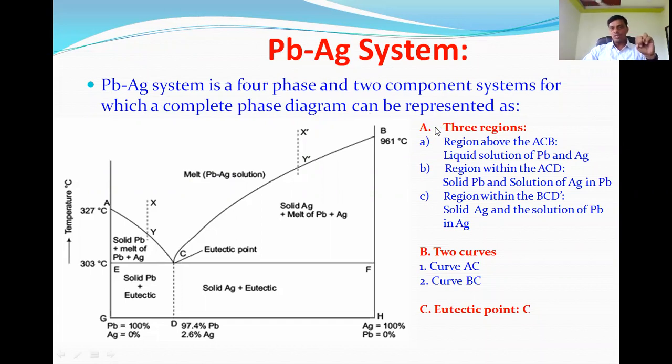Why? Because whatever the phases of lead silver system exist, the composition of all the phases can be expressed with the help of two independent chemical constituents, and these two independent chemical constituents are Pb and Ag. Okay, at least we require two independent chemical constituents.